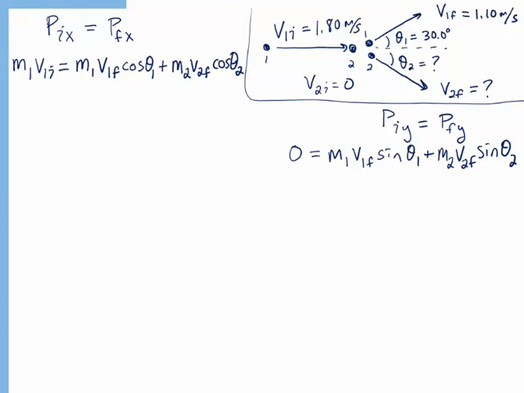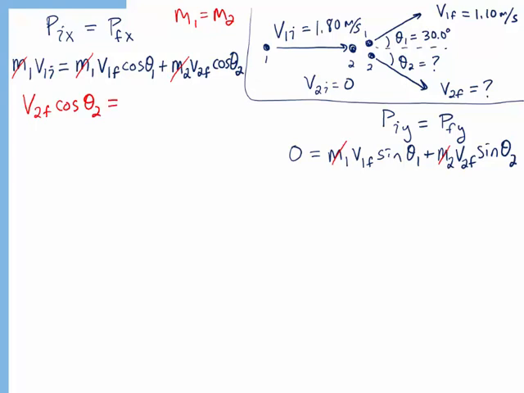So now the way I solved this problem was I first rewrote both equations. Since m1 is equal to m2 in this example, I can get rid of the masses in both equations. Then I took each of these and solved for what I don't know. I don't know v2 final, and I don't know cosine theta 2.